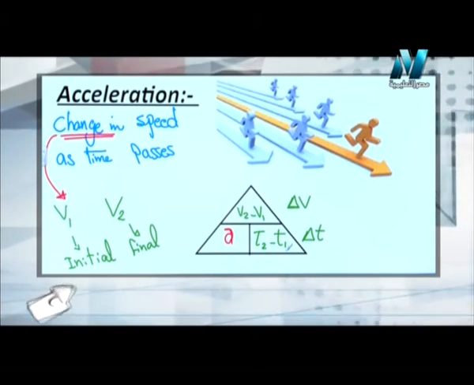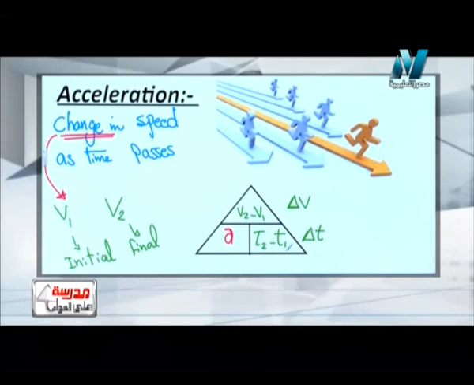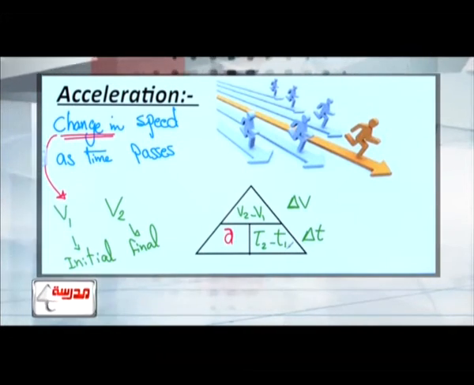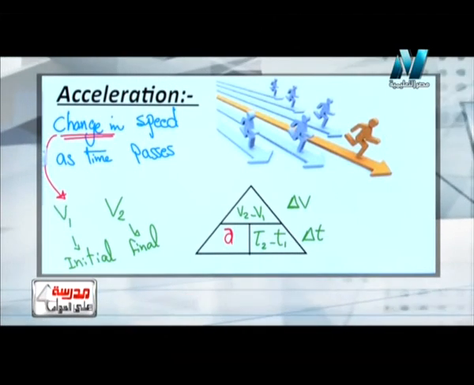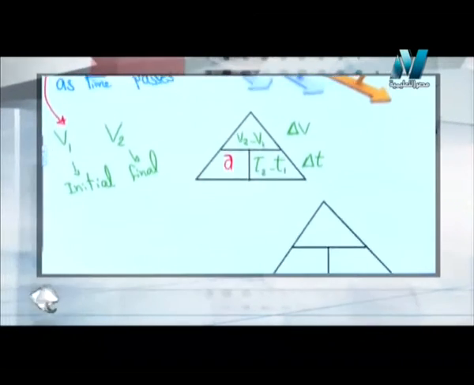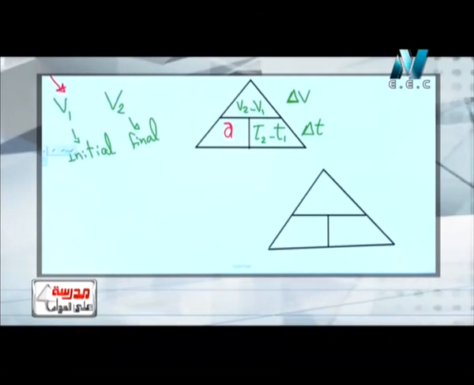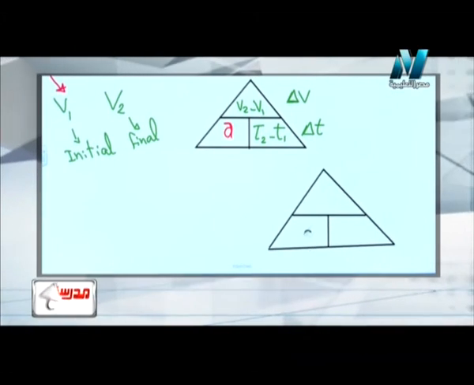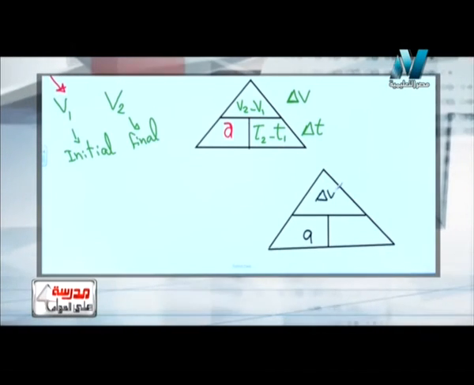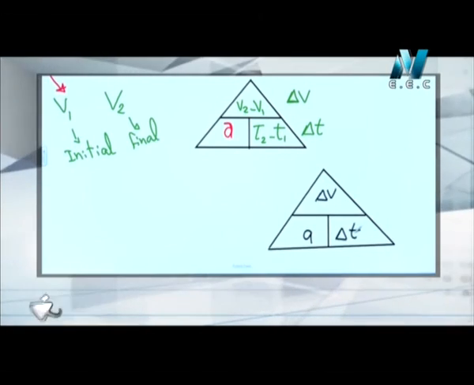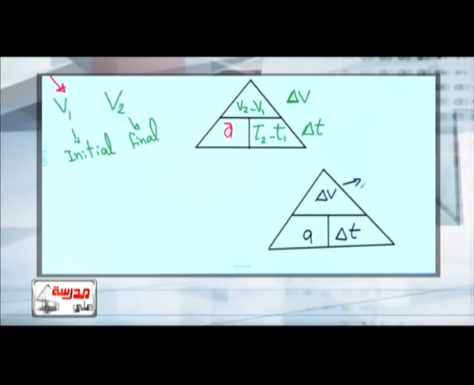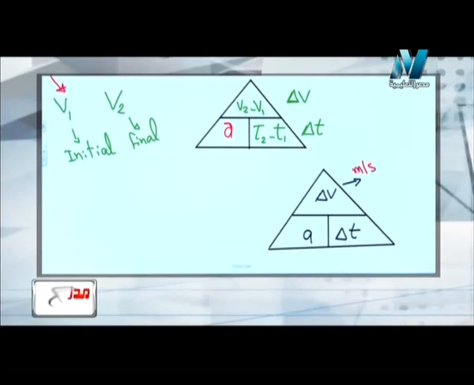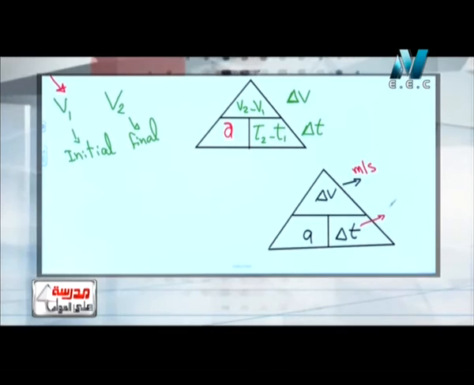From this mathematical law we can deduce the measuring unit of acceleration. Let's calculate it. We have A, and we know A equals delta V over delta T. The measuring unit of speed is meter per second, and the measuring unit of time is second.